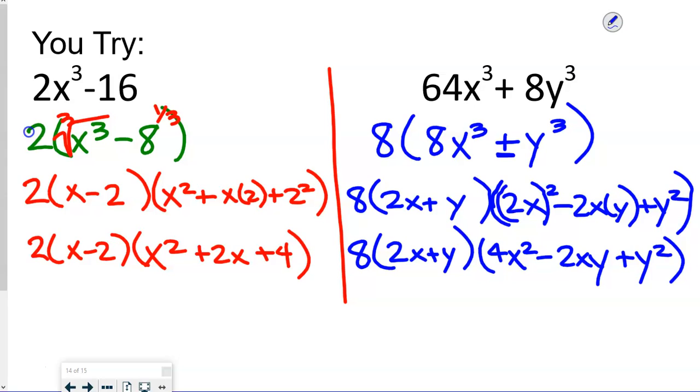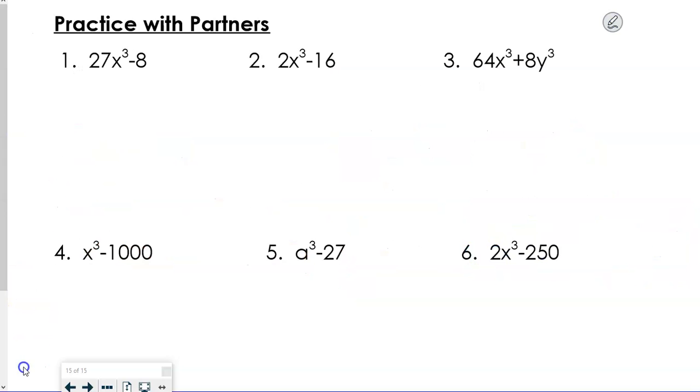So we had some practice with partners on the bottom, so I'm going to go ahead and work these for you too. So let's go ahead and do this first one, 27. So again, I'm going to take this to the 1/3 power. That's going to give me 3x, and then take this to the 1/3 power.